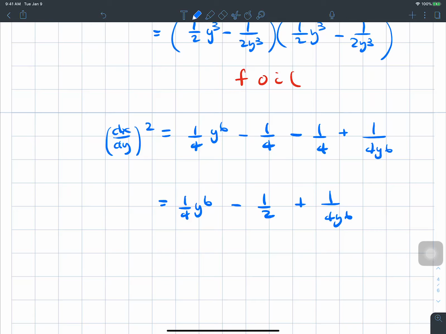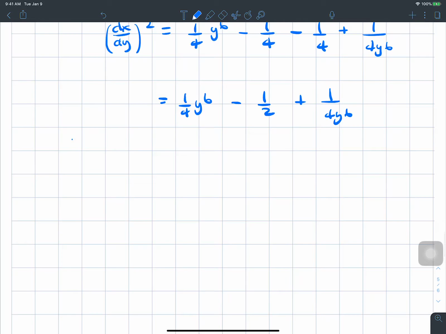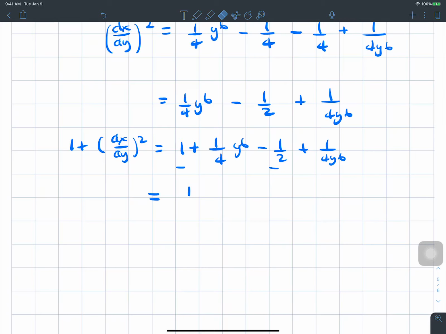So we squared it. Now you say, aren't I supposed to add 1? You are. And when you add 1, we have 1 minus 1/2 is a positive 1/2. So you know where I'm going to put this. I'm going to put this in the middle.